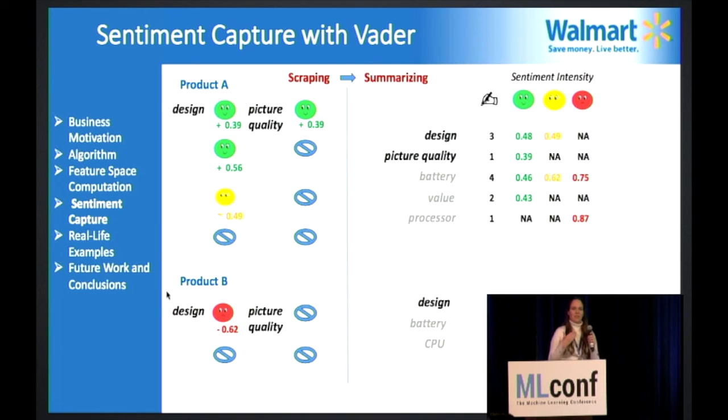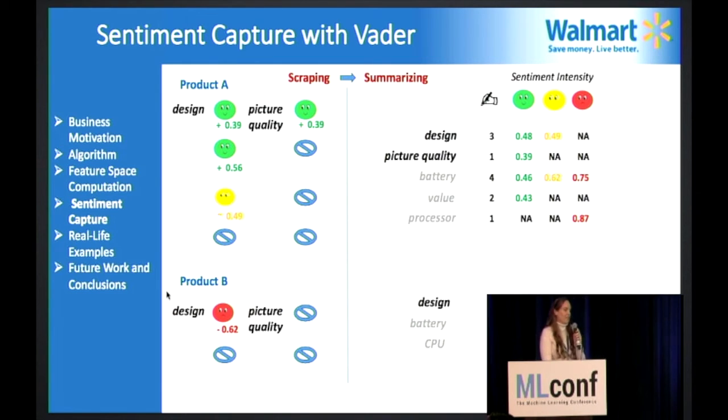short version of that. I want to aggregate the final results. So here, for the example of product A, if you look at design, it looks like 3 people mentioned the design, and when people mention it positively, it was like 0.48.